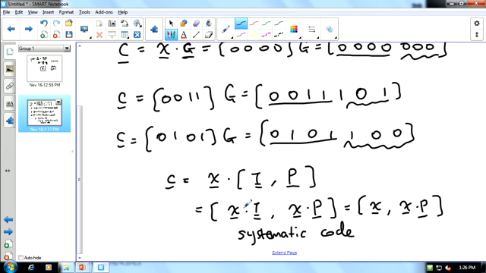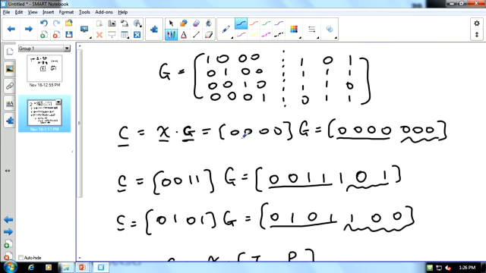Of course, you can imagine we can write different forms of G without following this structure. We can have non-systematic code. But it has been proved that any non-systematic code can always be equivalently converted into a systematic code, which means the non-systematic code cannot perform better than its equivalent systematic code.